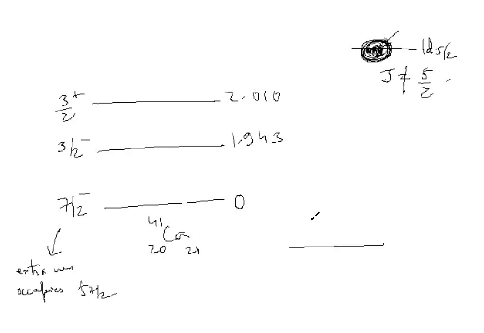So we have got 1d 3/2, 1f7/2, and then this is p 3/2. Fine. Now the unpaired neutron is over here. Okay, so the ground state is just 7/2 minus.